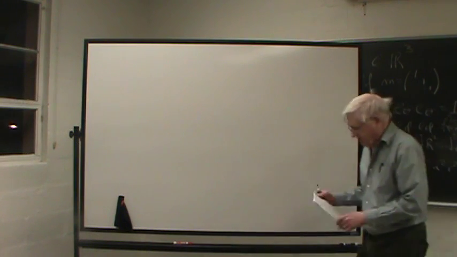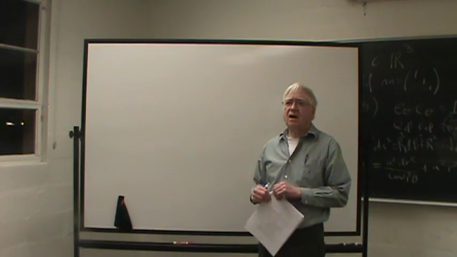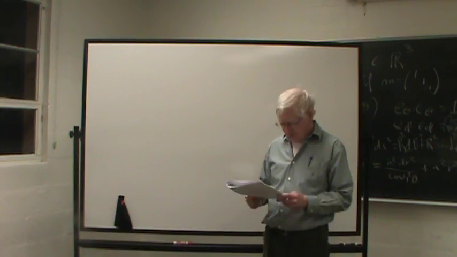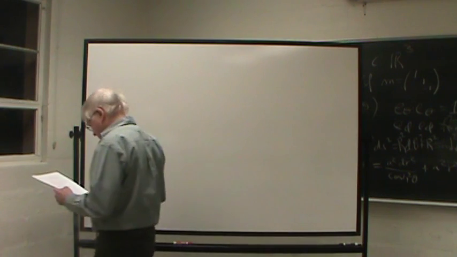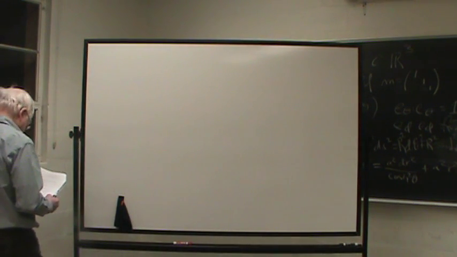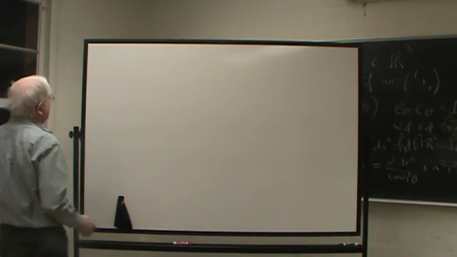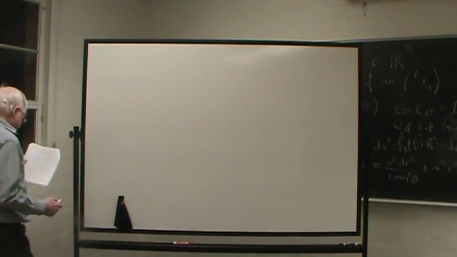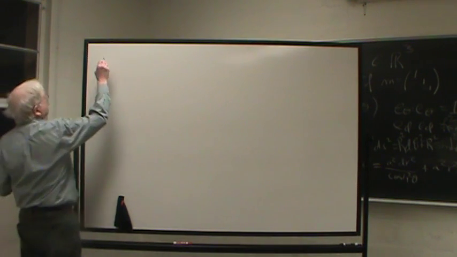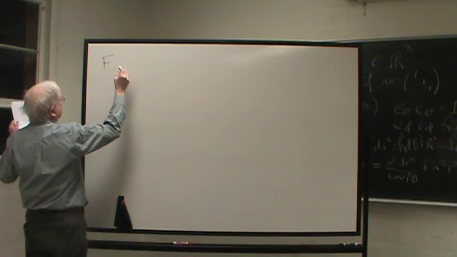All right, so this is an idea of covariant derivatives, and I think maybe I'm going to do it a little differently from the way I did it last time. So let's start out with something that's a nice scalar.